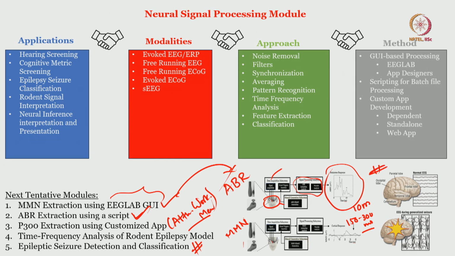You can see here, this is a normal EEG with a normal baseline and not much variation, whereas during a generalized seizure, you can see all the channels showing uneven traces. How to capture this and quantify the difference between the two is nothing but EEG seizure detection and classification.